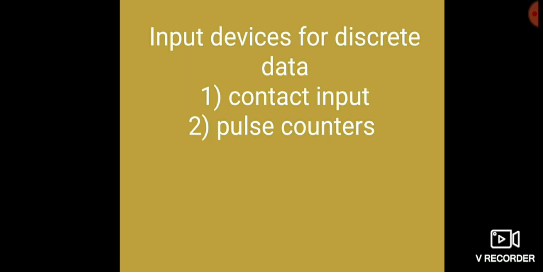The terms input and output refer to the computer. A contact input interface is a device by which binary data are read into the computer from some external source. It consists of a series of sample contacts that must be either closed or opened.